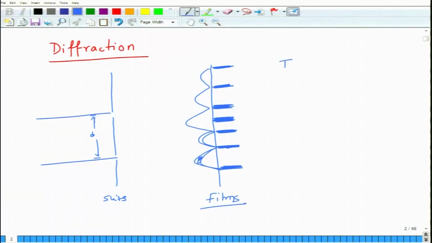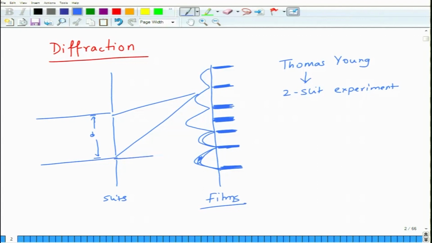So this was started by Thomas Young, who is famous for his two-slit experiment. You had a certain angle of diffraction, and the screen distance was L, the slit spacing was d.